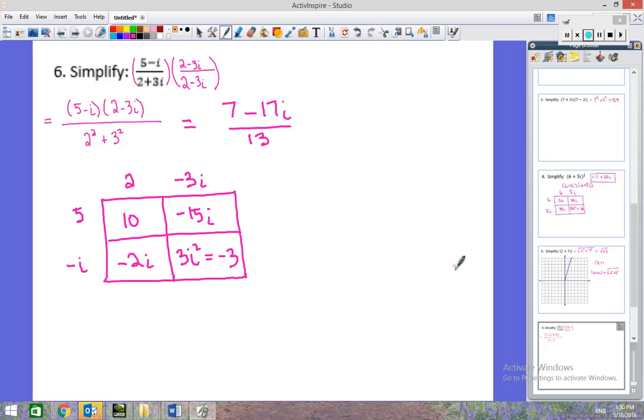Now, I don't have a problem if you leave your answer like that. But remember, if they're asking us for a plus bi, the a of this is the fraction 7 over 13. And the b is negative 17 over 13 times i.